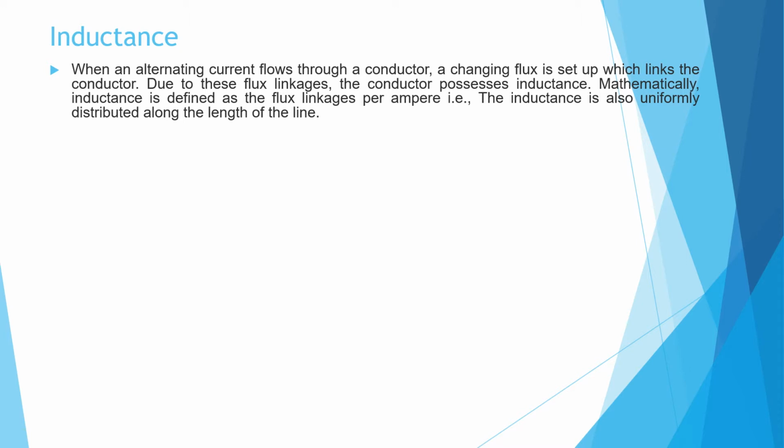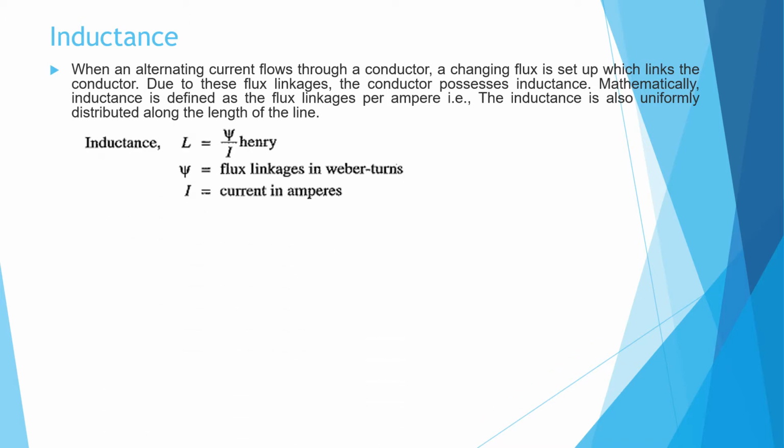This flux is produced externally also and internally also. So due to both these flux linkages, a voltage is induced in the transmission line itself, and hence there is a presence of inductance in the transmission line.